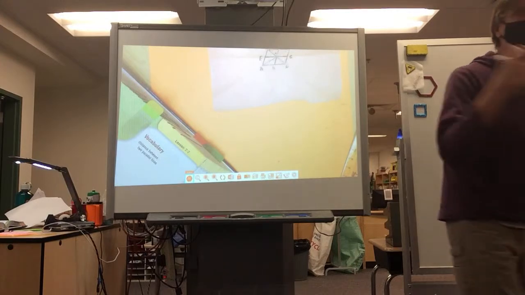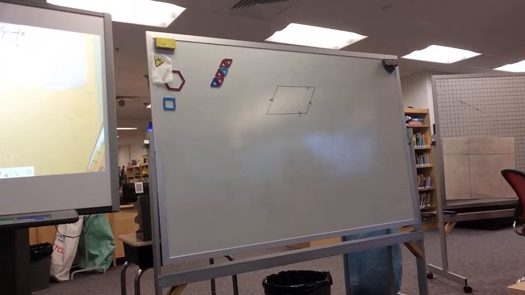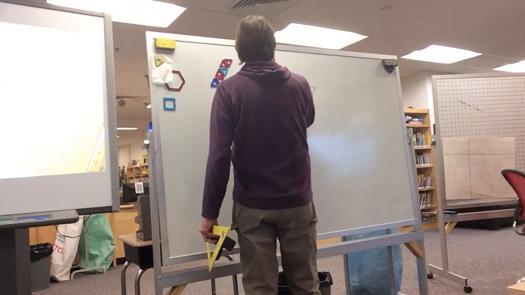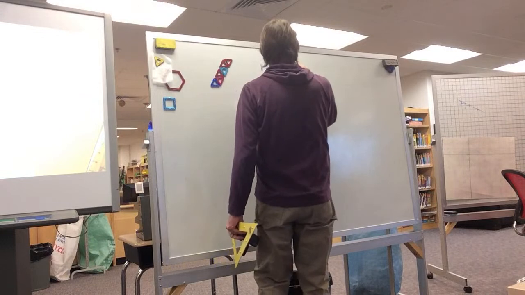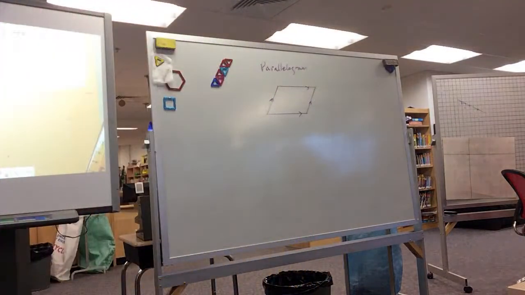So what allows me to mark that in that way? What's a postulate, definition, theorem, or something that allows me to mark it that way and then give it this name? Or what markings on there allow me to name it parallelogram? Parallel lines. How many sets of parallel lines? Two, being a quadrilateral. So that's the definition of a parallelogram.